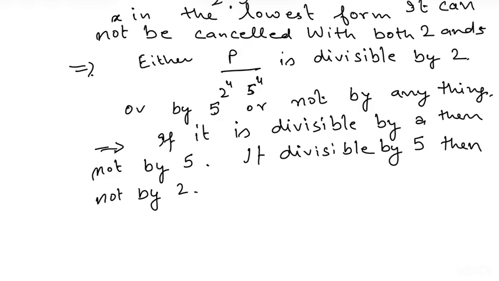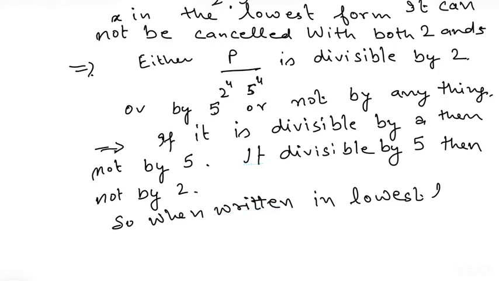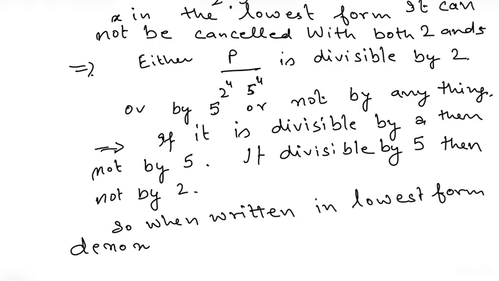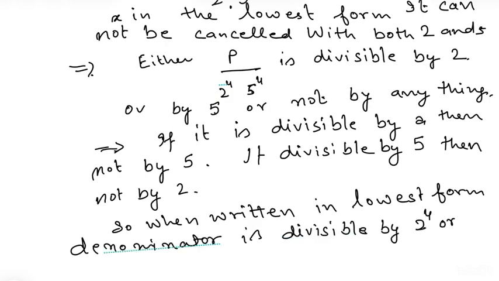So, when written in the lowest form, the denominator is divisible by 2 raised to power 4 or 5 raised to power 4.